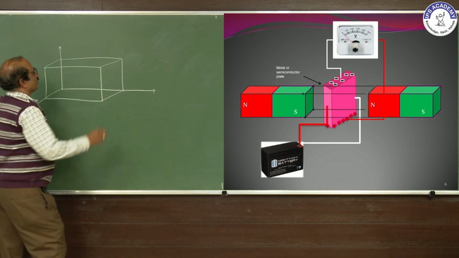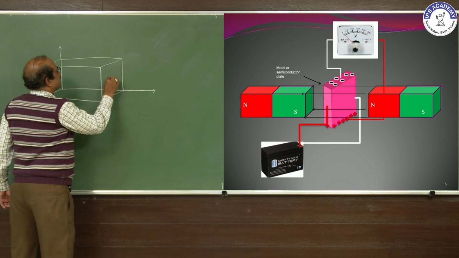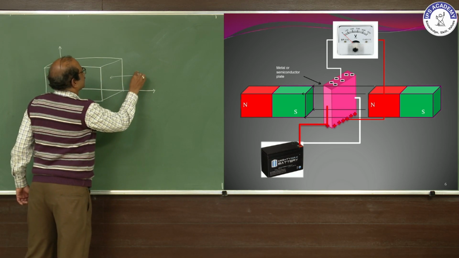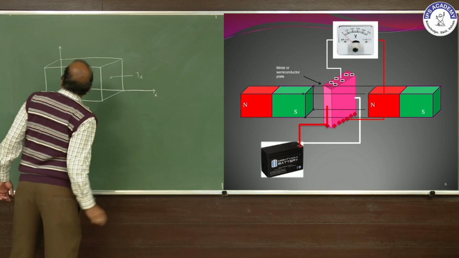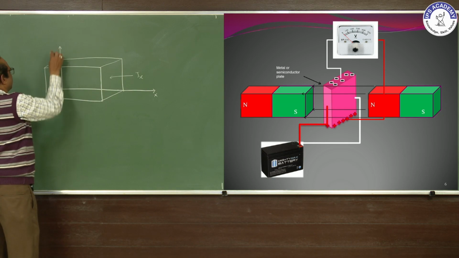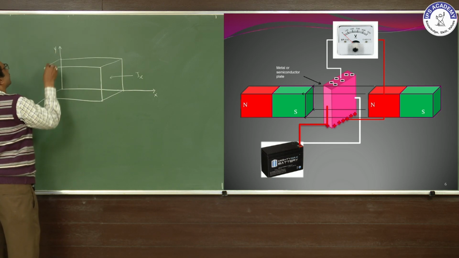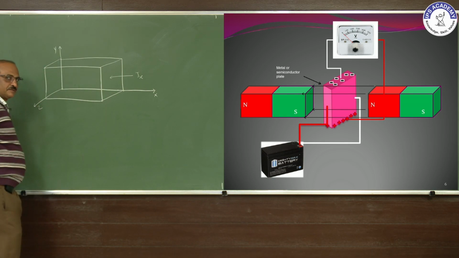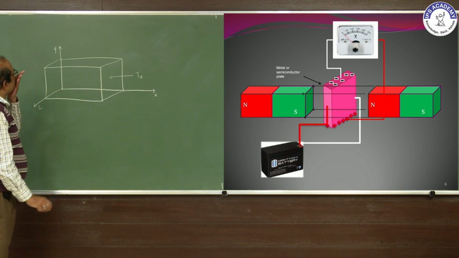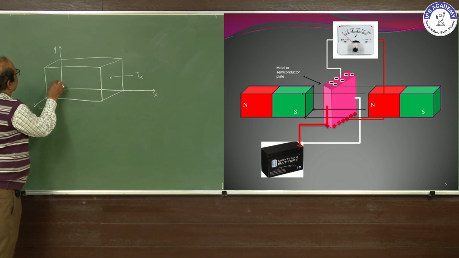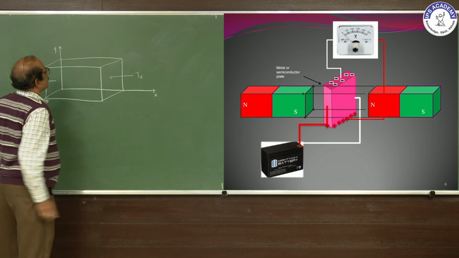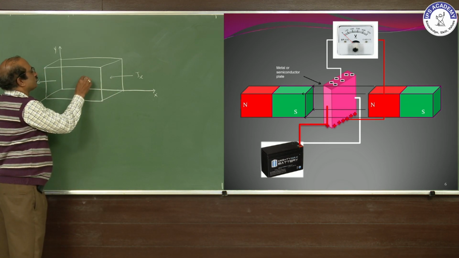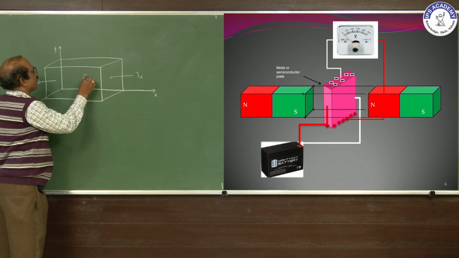Now we flow the current along the negative x-axis. Suppose the current density is Jx. Let us call this the x-axis, that the y-axis, and this one the z-axis. Suppose we flow this current along the negative x-axis. So the flow of current is opposite to the flow of electrons, as you are aware.